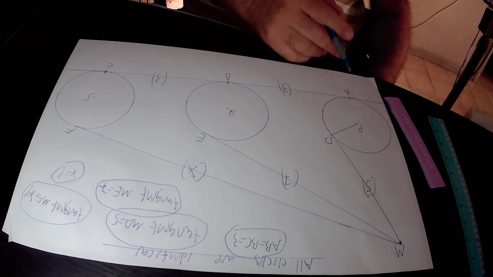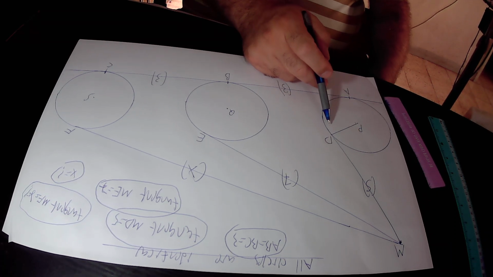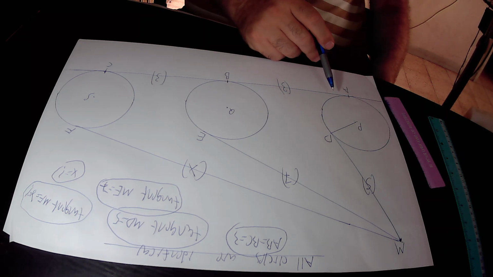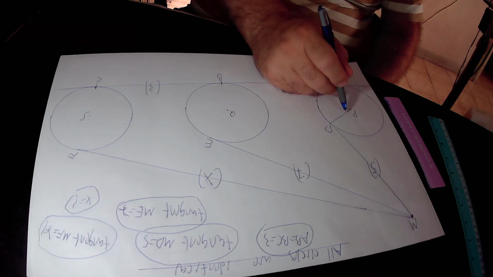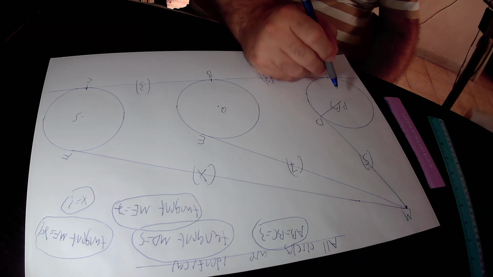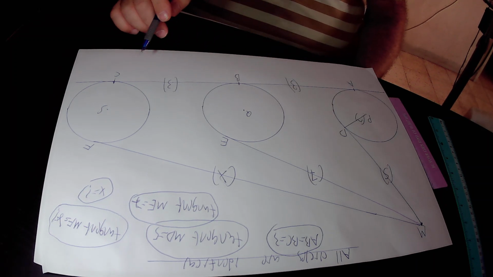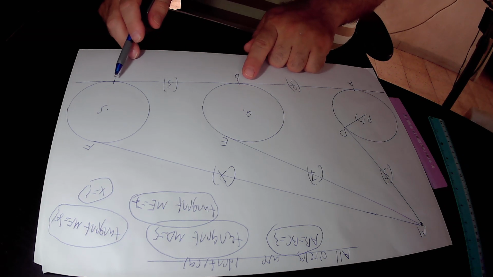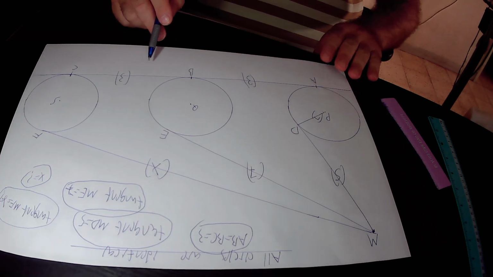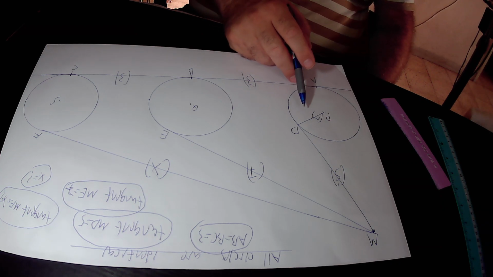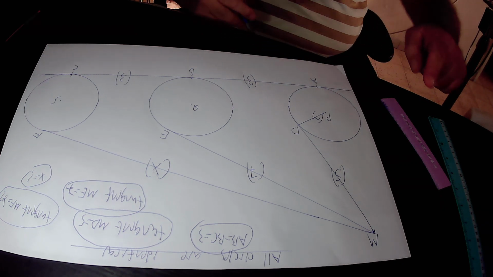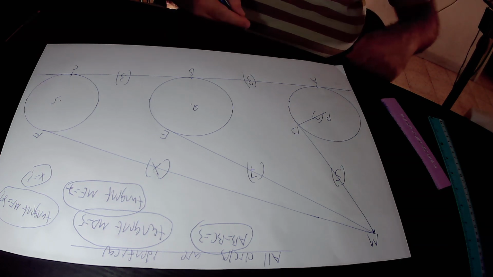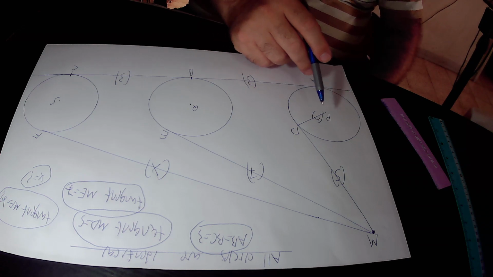PD, point P is the center of this circle, point D is a point on the circle itself. Therefore, PD is the radius of this circle. We define the radius of this circle as R. So PD equals R. And because those three circles are identical, the radii of those two circles must also equal R. And because the radius PD is drawn to point D, that is the point of tangency of tangent MD with this circle, and whenever a radius is drawn to the point of tangency, then tangent MD will be perpendicular to the radius PD.